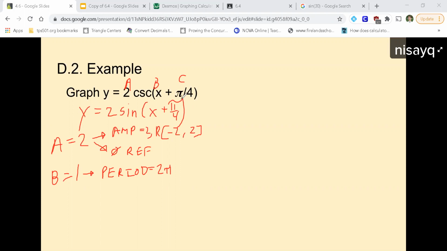Our c value is pi over 4. So then this has a phase shift of c divided by b, which for our problem would be pi over 4 over 1, which is pi over 4.